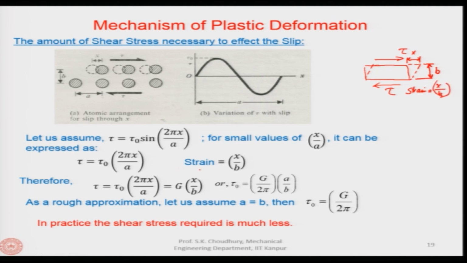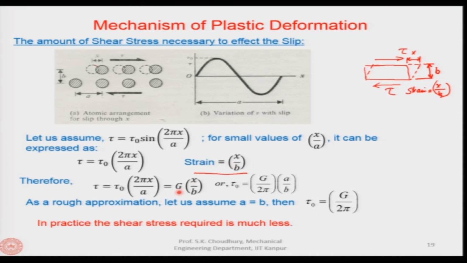Same thing we are taking here: if x is the movement of the atom and b is the distance between the two layers, equivalent to the thickness of this block, then the strain can be given as x upon b. Now, this tau equal to tau 0 into 2 pi x by a can be said to be equal to the shear modulus G into the strain x upon b.